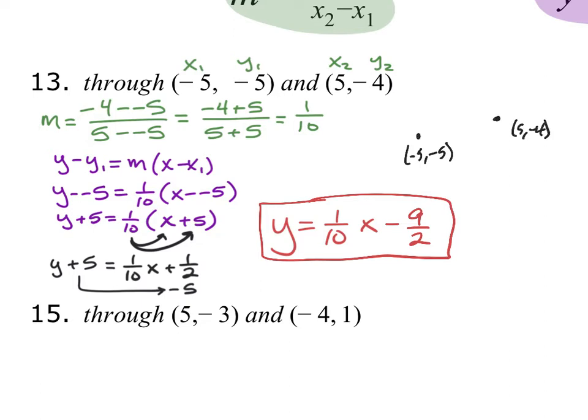And if you type this red equation in, it will graph a line that hopefully goes through those 2 coordinate points. If it does, you've done this correctly. If it doesn't, something in your math has gone wrong. So please, please, please always check your work visually on Desmos to make sure that your math checks out, that we actually have a line that goes through these 2 coordinate points like we want.